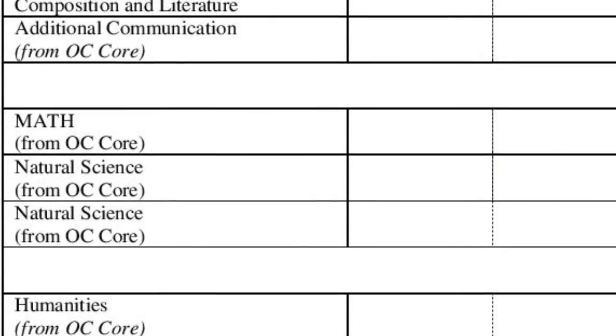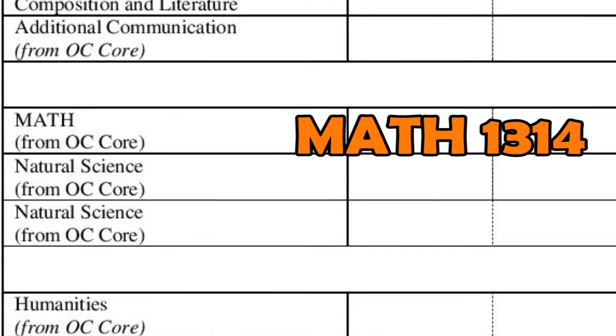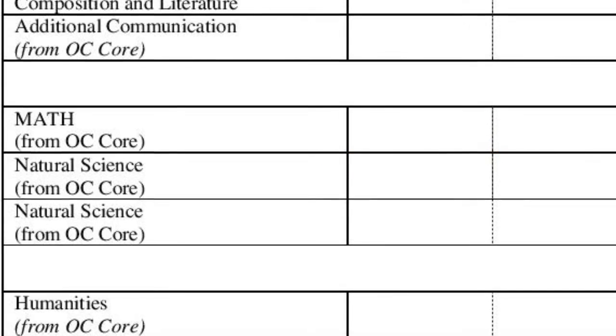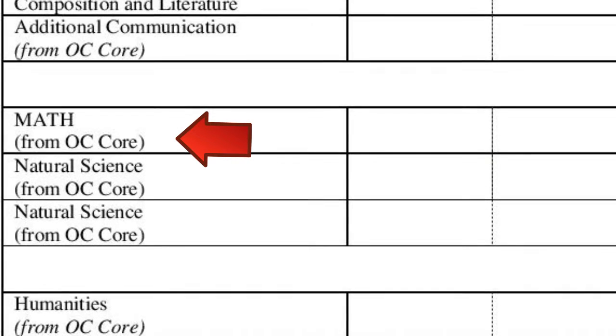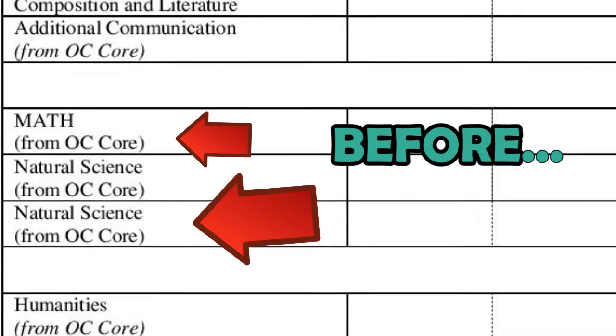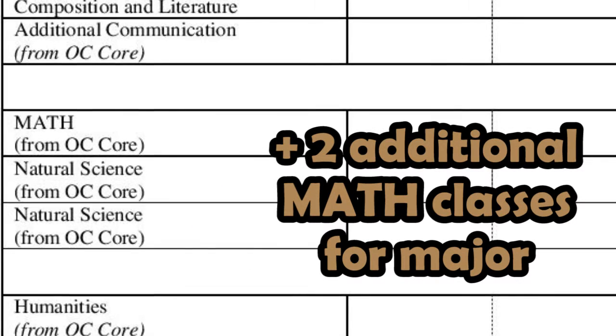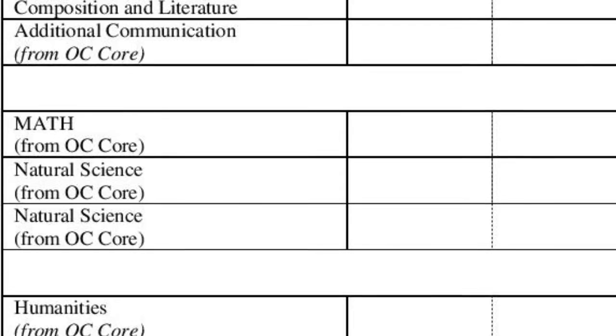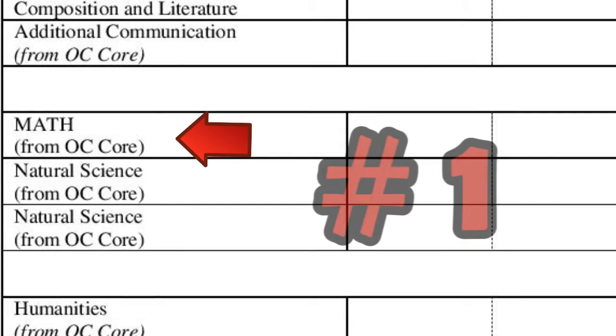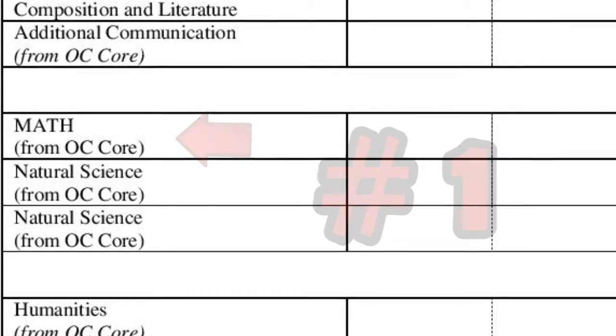You are required to take Math 1314 College Algebra, or if you've placed higher than College Algebra, the math you placed into before you began your science classes and the 2 additional math classes for the elementary major. This means your math class is one of the first classes to take.